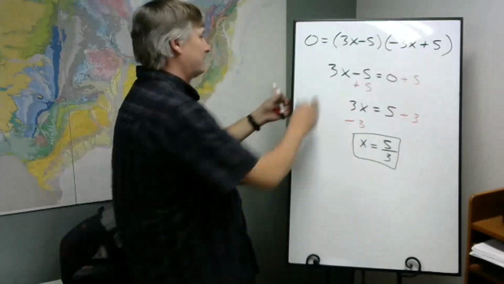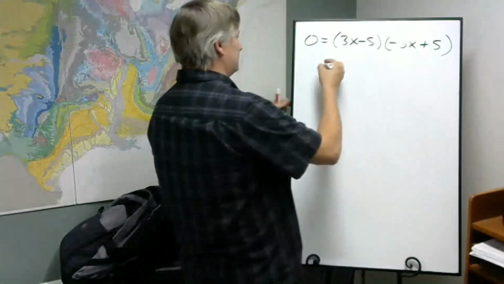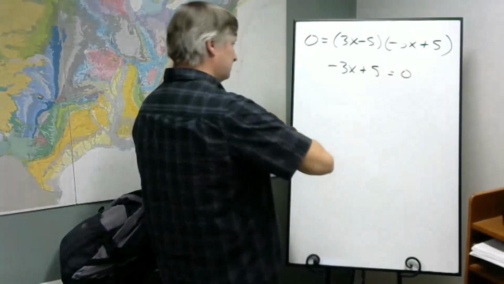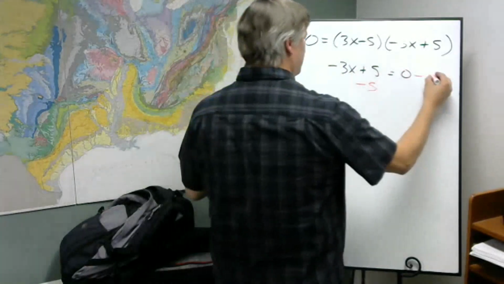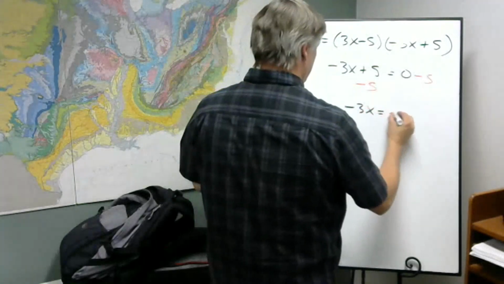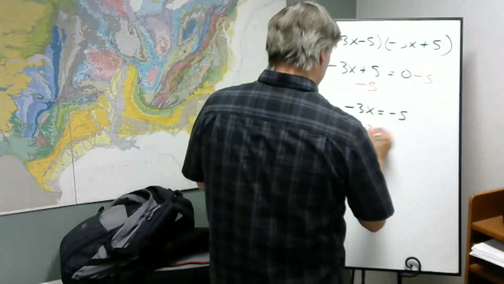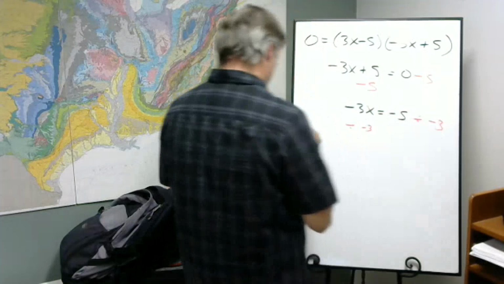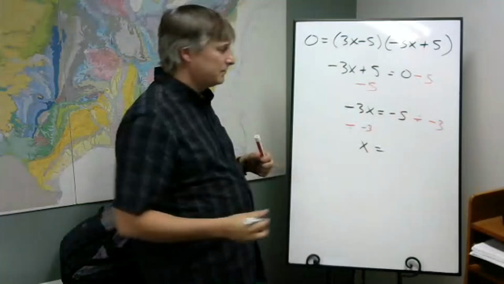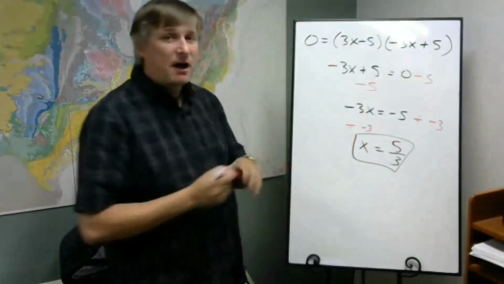Let's take a look at this. Subtract 5. Divide by -3. Now, negative divided by a negative is going to be positive. So once again, we're going to get 5/3. So we get 5/3 twice.